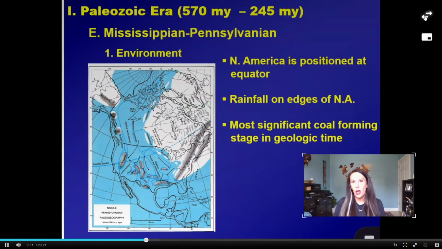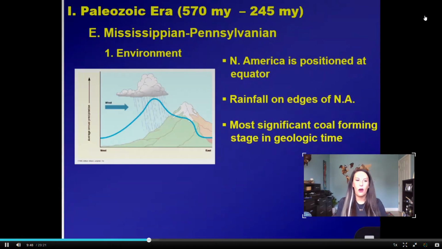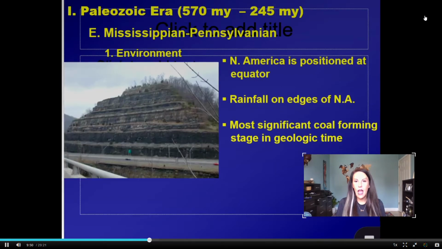So we're talking significantly taller than what they are today. And that's because they've gone through about 300 million years of erosion. So this was like the heyday of the building of the Appalachians and the building of those coal beds that are really important for energy as a resource.